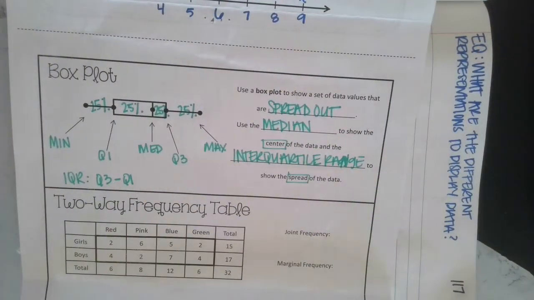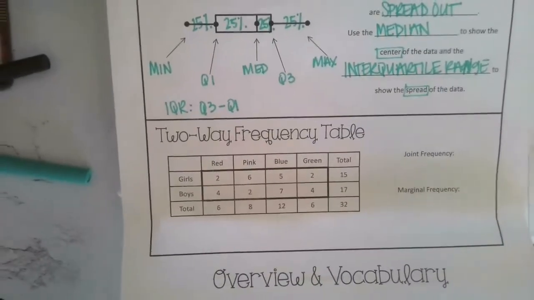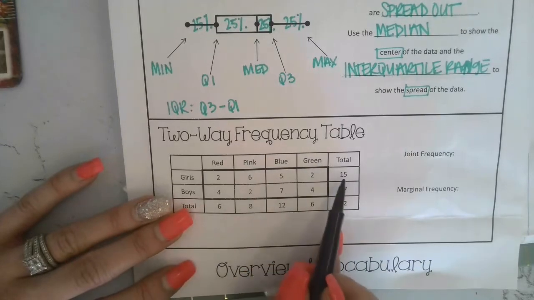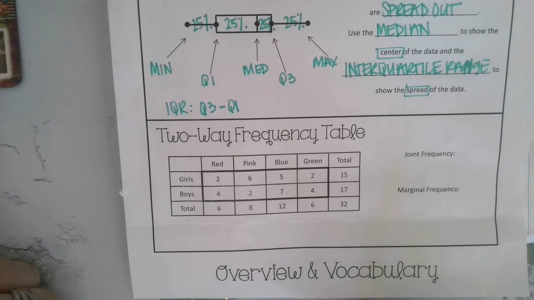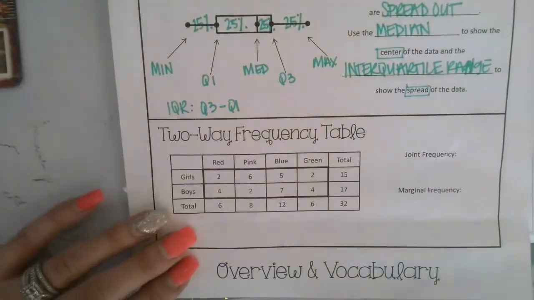So let's look at an overview here. Again, I'm not too concerned about this part, but you can see here, okay, that 2, 6, 5, and 2 make 15. 15 and 17 make 32, so you're just doing that. Joint frequency is just the inside of your table, so you can kind of see here it's marked.